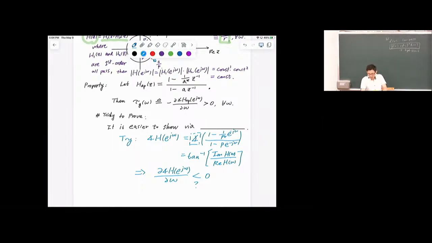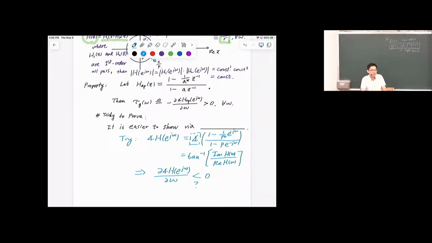So in the next homework, which I just started designing, I will invite you to go through a derivation that surprisingly involves bilinear transformation. It turns out that this property is easier to prove when we go back to the analog domain, back to the S domain. So please stay tuned.